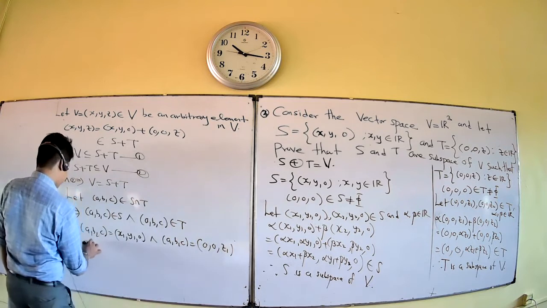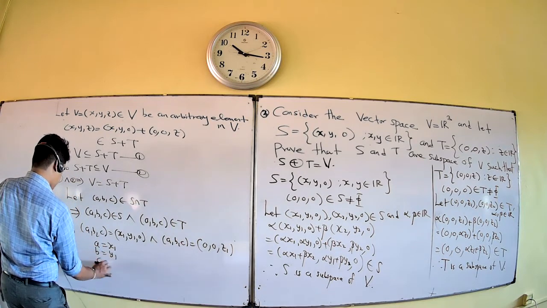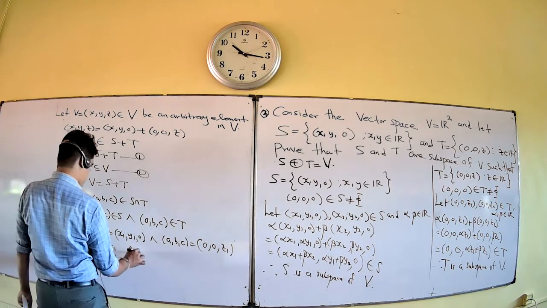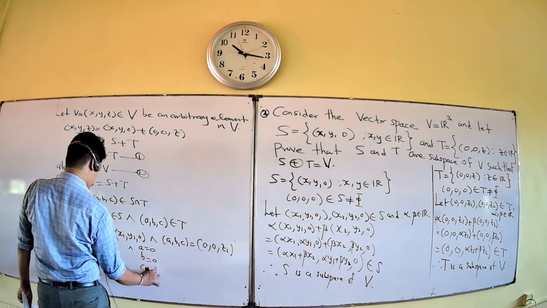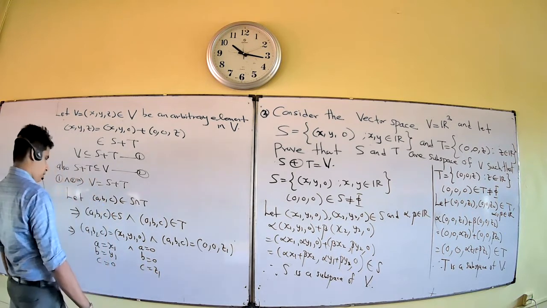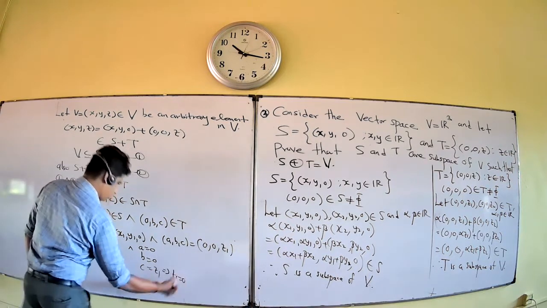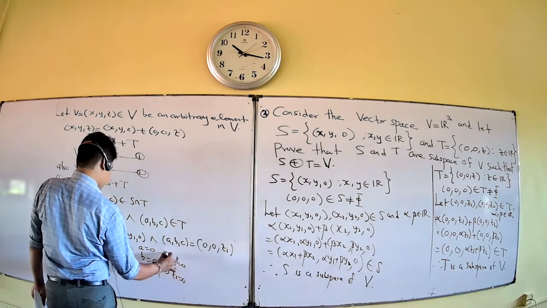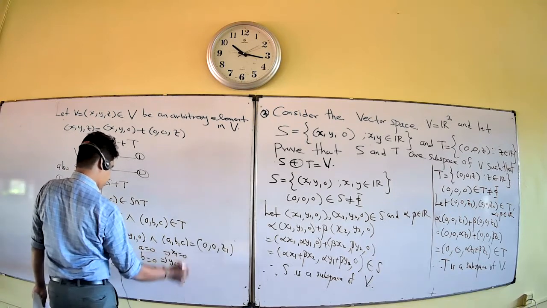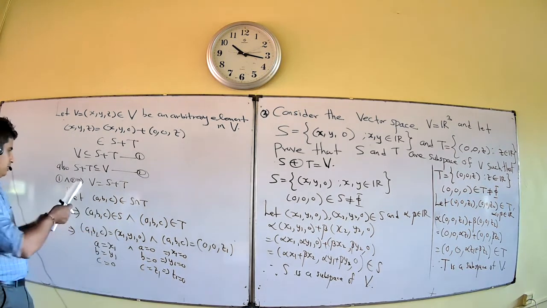So from this one, a equals x1, b equals y1, c equals 0, and a equals 0, b equals 0, c equals z1. But c equals 0, therefore z1 is also 0. b equals 0 means y1 is 0. a equals 0 means x1 is 0.